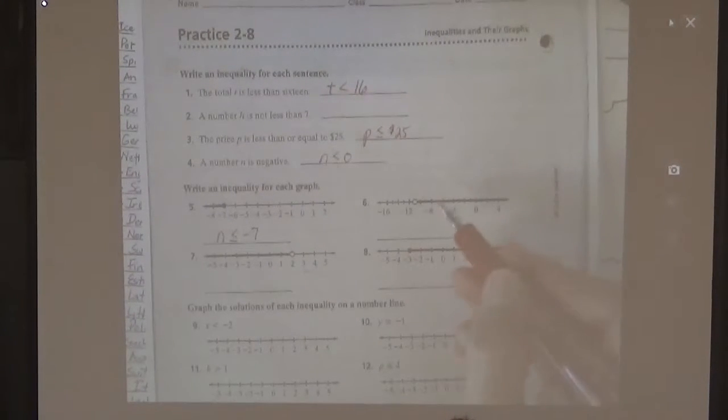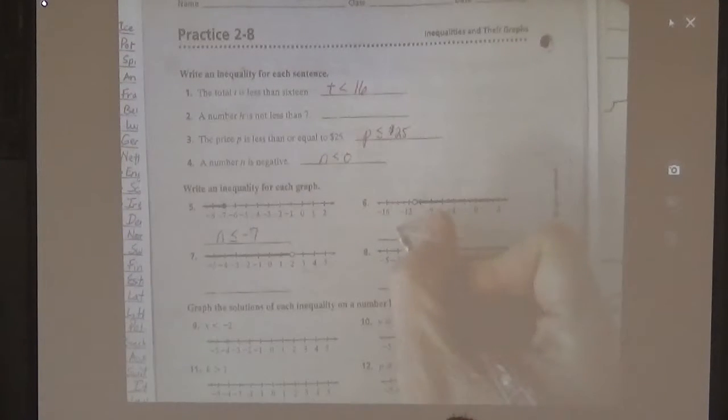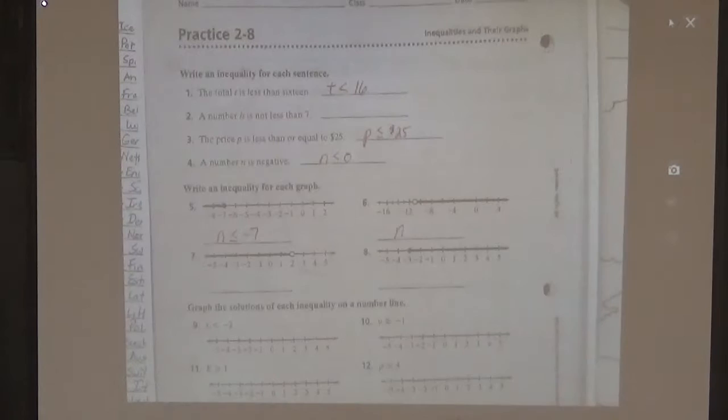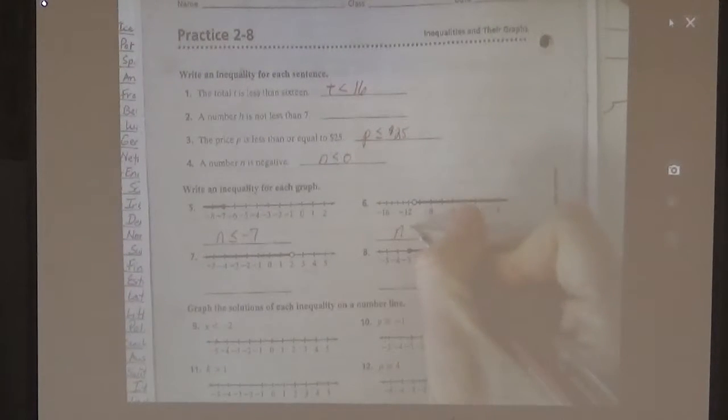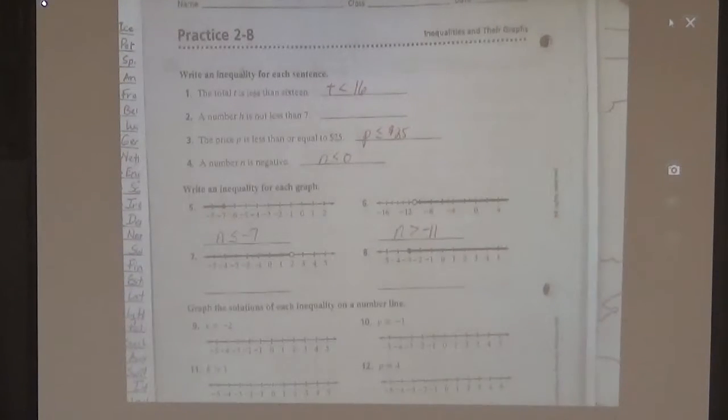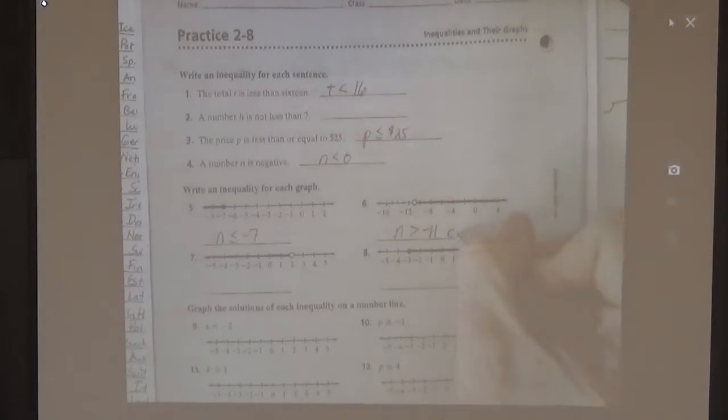Number 6. Again, we'll use n. Danny? N is greater than negative 11. Greater than negative 11. Yep. How else could we write this?